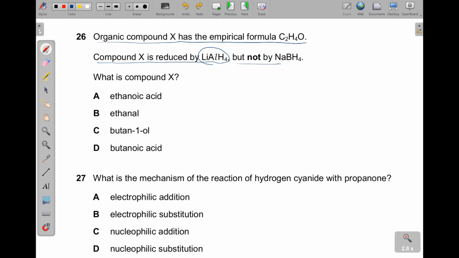Now, since this one cannot be reduced by sodium borohydride, but can be reduced by lithium aluminium tetrahydride, then it must be a carboxylic acid.